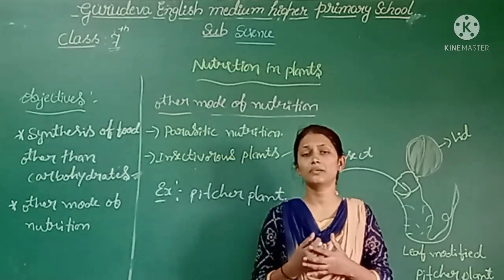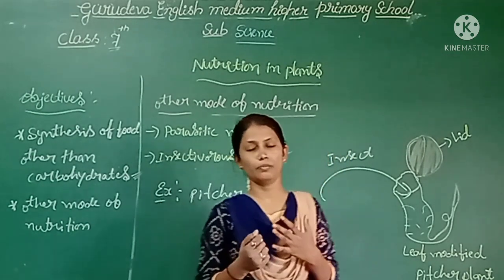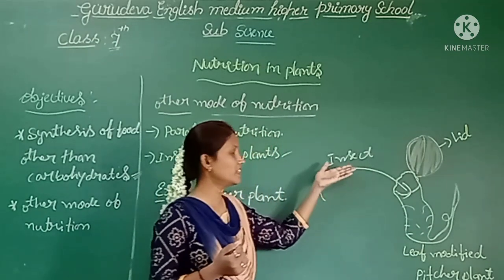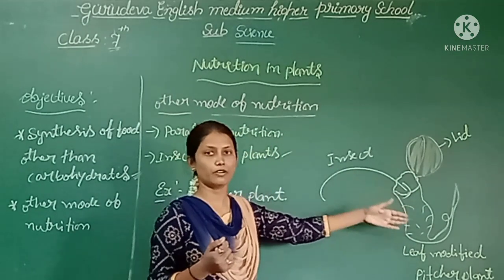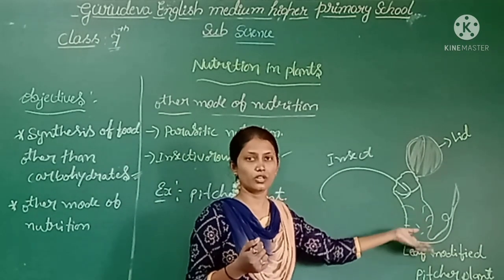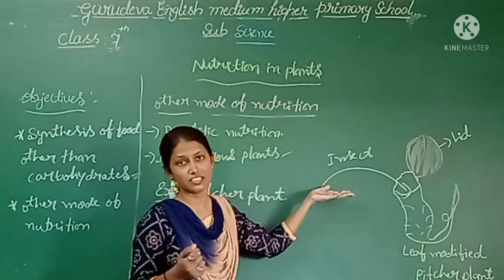If they are green in color, it means they also have the chlorophyll pigment. If they have the chlorophyll pigment, they can prepare food. But why are they eating insects? If chlorophyll is essential for the preparation of food, they can easily prepare the food. And why are they eating the insects?